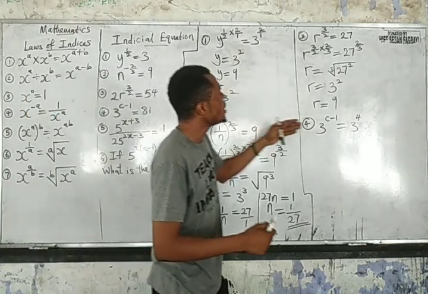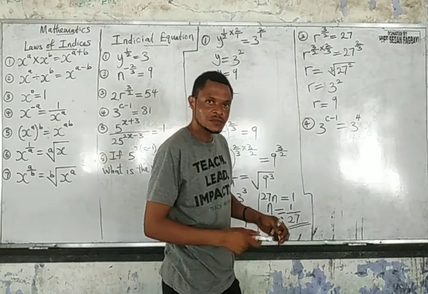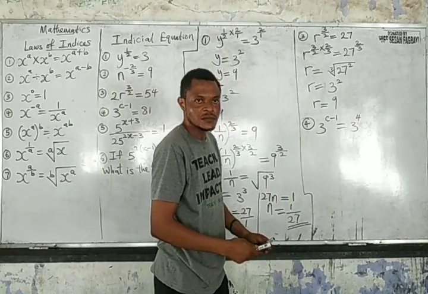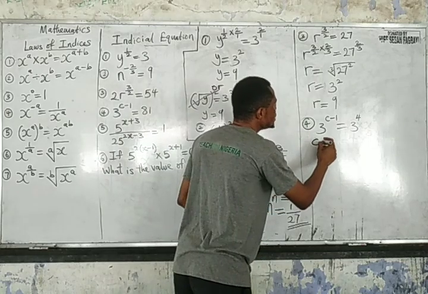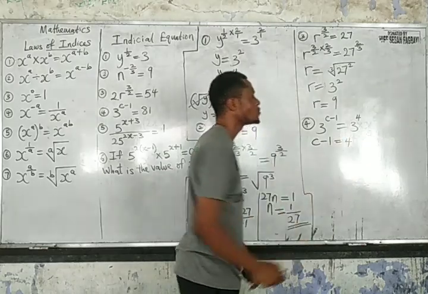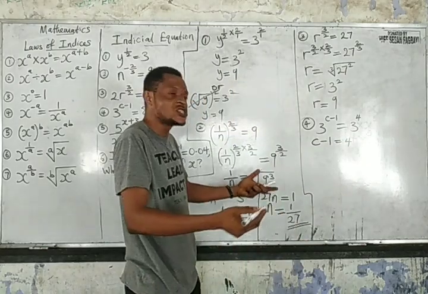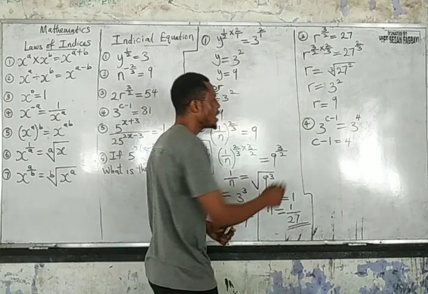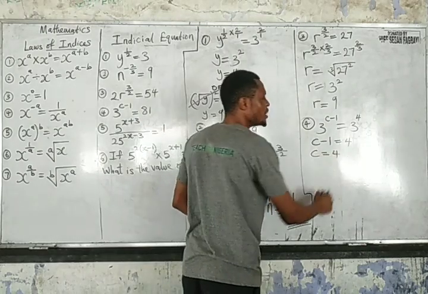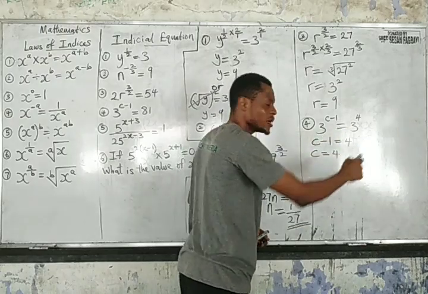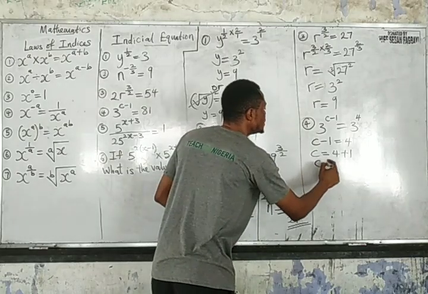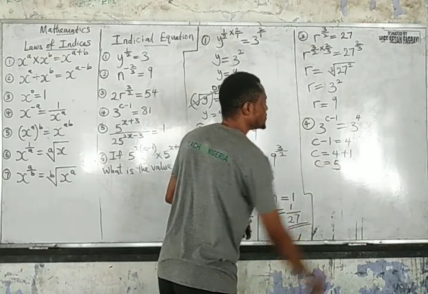And when your equation is solved to this level, the bases will cancel each other. We are now going to be left with c minus 1 equal to 4. Our intention is to make c the subject of the formula, so we have c equal to 4, which is already here. By the time minus 1 comes here, it becomes plus 1. So our c will end up being 5.